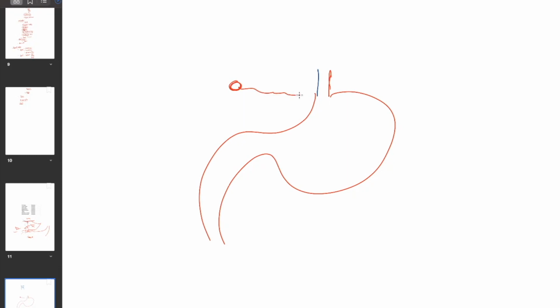So you have here the splenic branch going just behind the stomach, and you have the common hepatic artery coming here, then the hepatic artery proper going up, and then the gastroduodenal artery will go from here, right? So the gastroduodenal artery will give a supraduodenal branch. So this is called a supraduodenal.